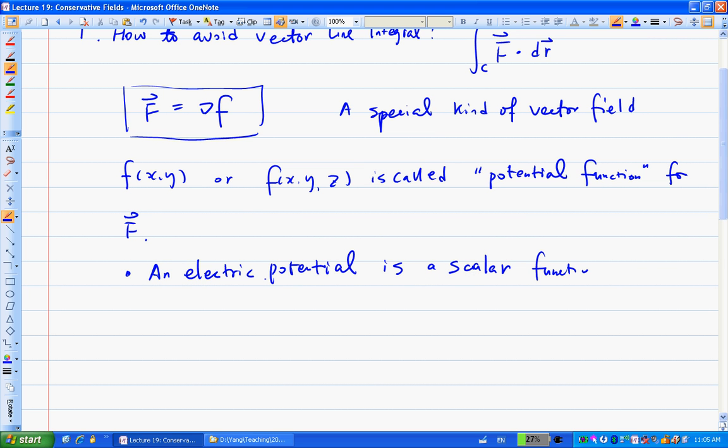So the electric potential is a scalar function, and its gradient gives the electric field.